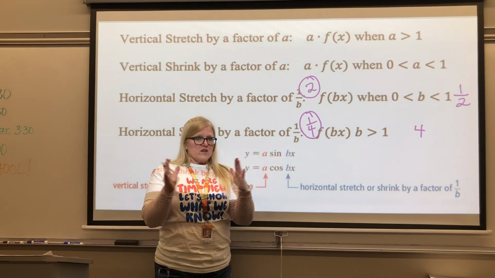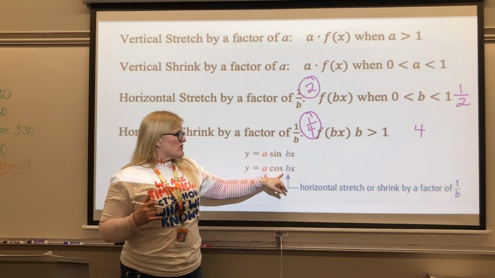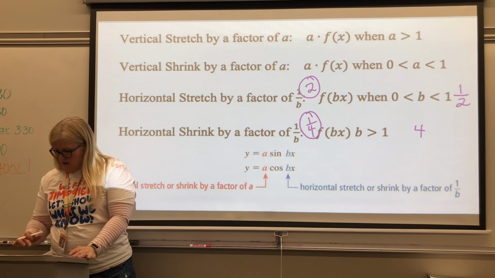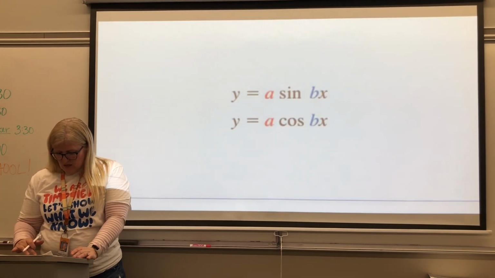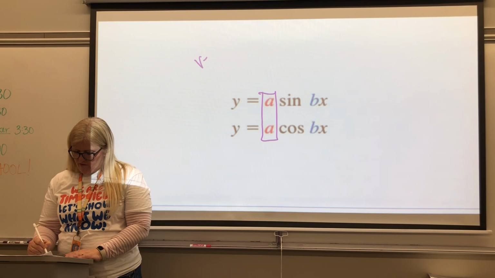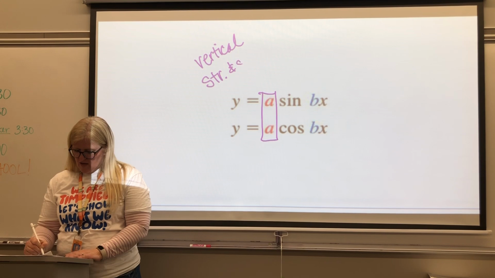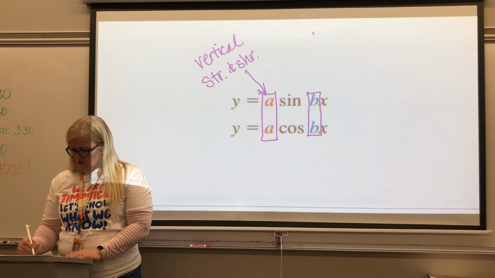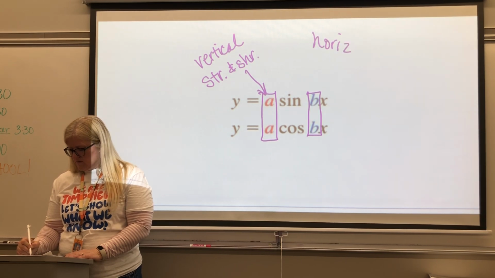Those are the numbers that go right next to x. So again, let's just reiterate. The A is your vertical stretch and shrink, and your B value is horizontal.